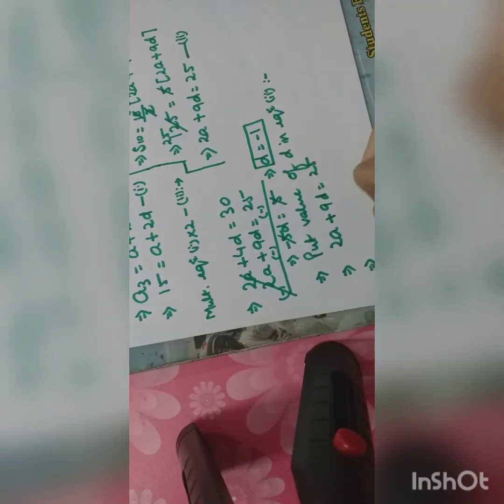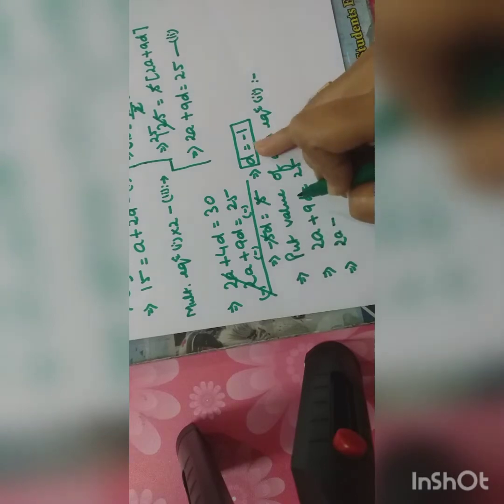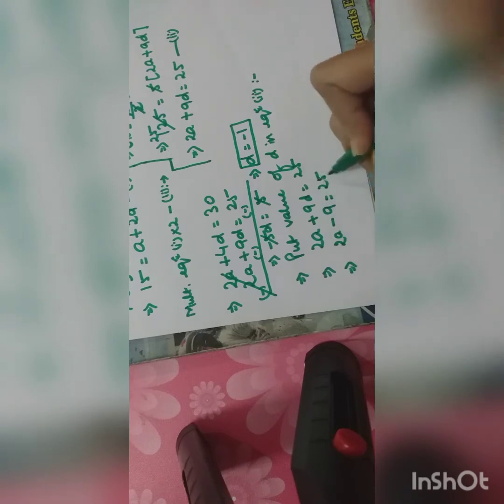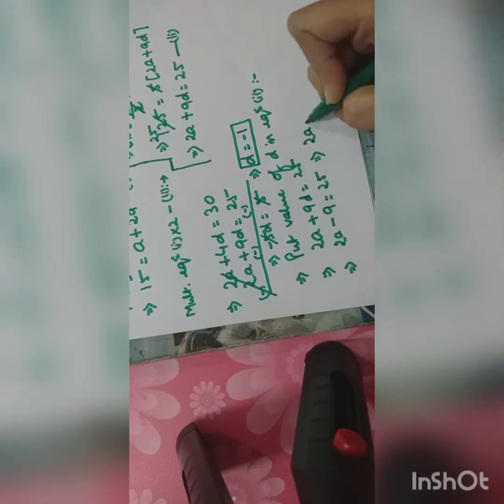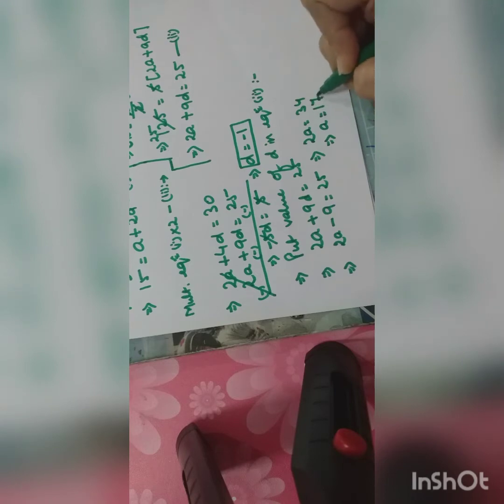And the value of D that I have got is minus 1. So 9 into minus 1 will be minus 9, equals 25. When I simplify it, 2A will be 25 plus 9, which is 34. So the value of A will be 34 divided by 2, which is 17. The value of A I have got.